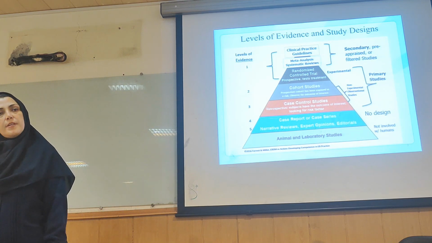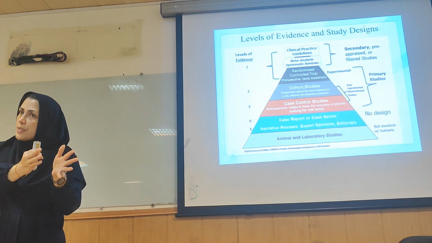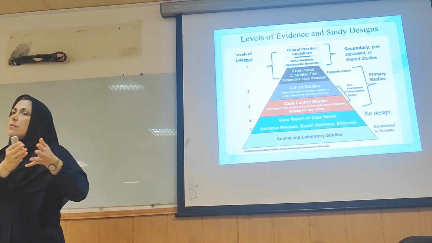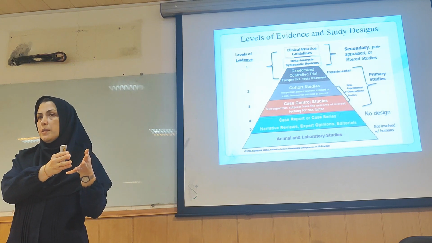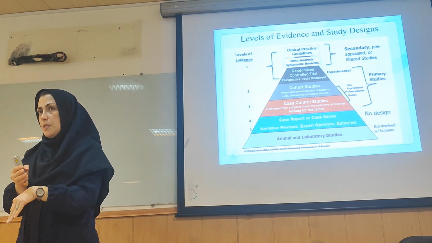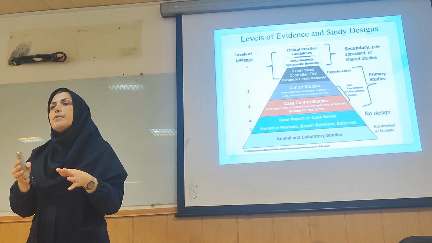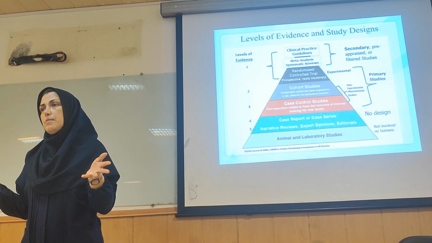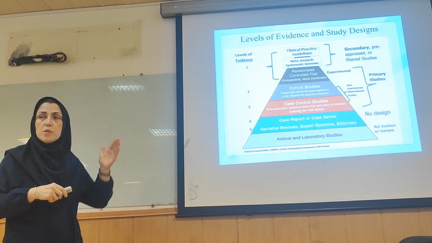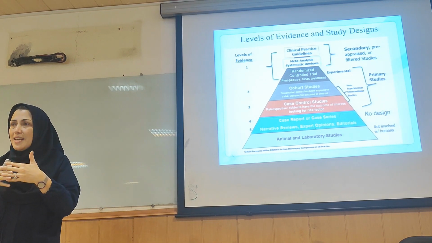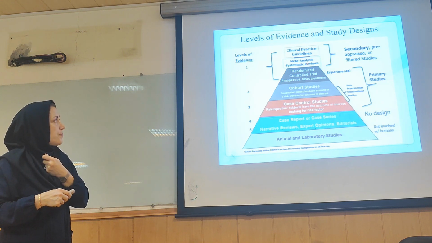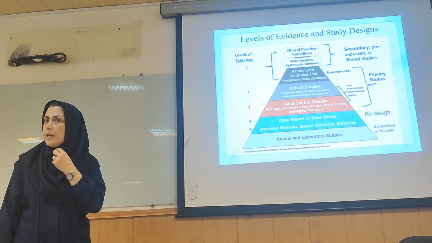For example, 30 say that there is no association, 10 say that there is a direct association, and 10 that there is a negative association. What is the main result? You can use those 50 and compile them statistically to find the final result. It is the highest level.